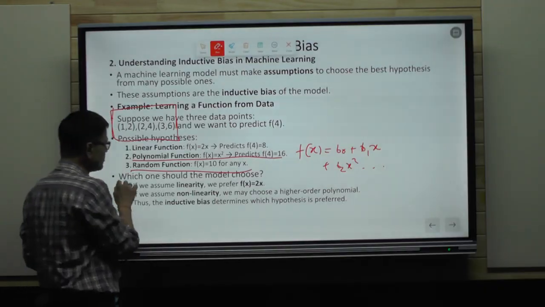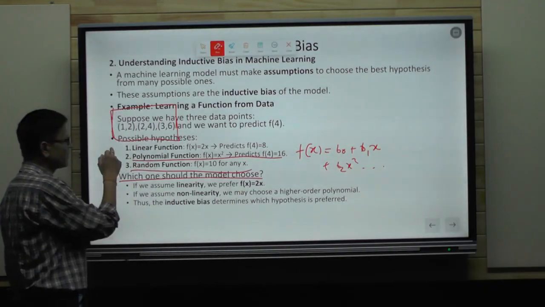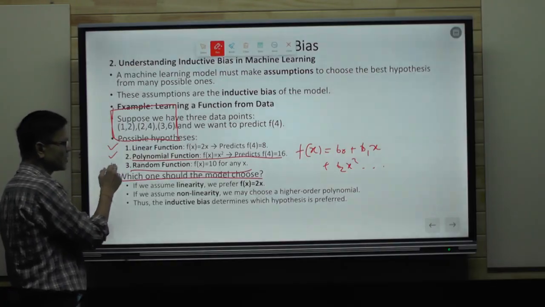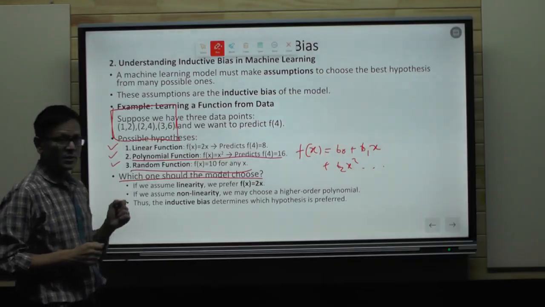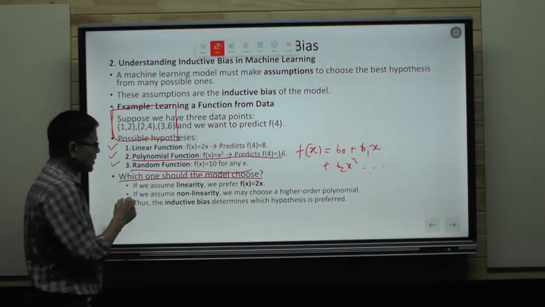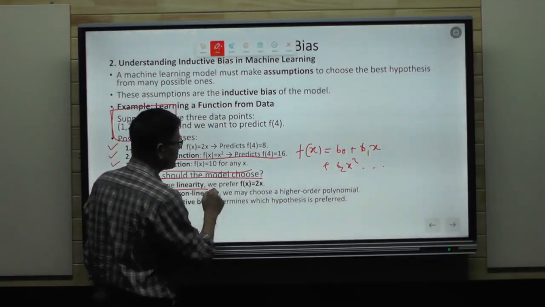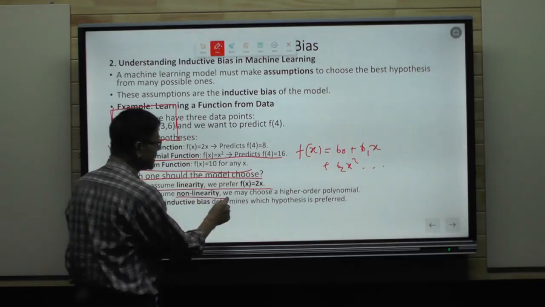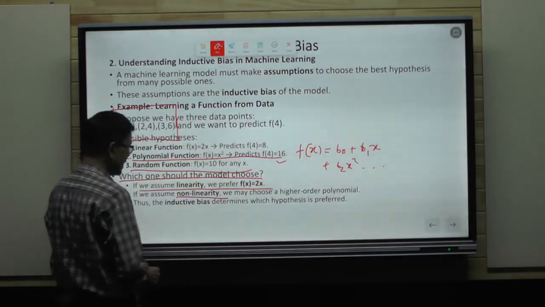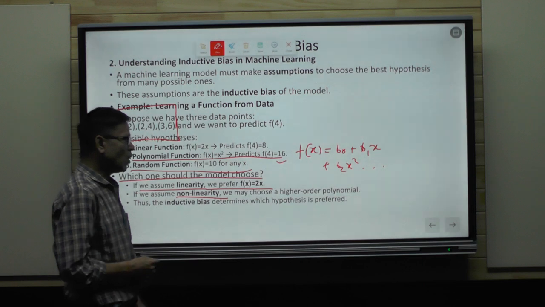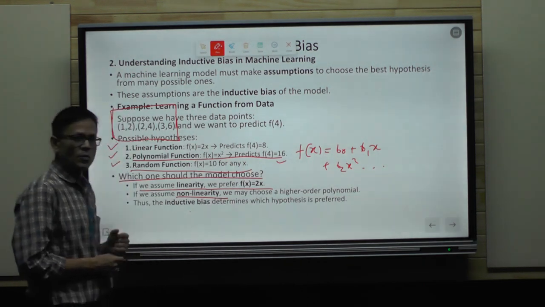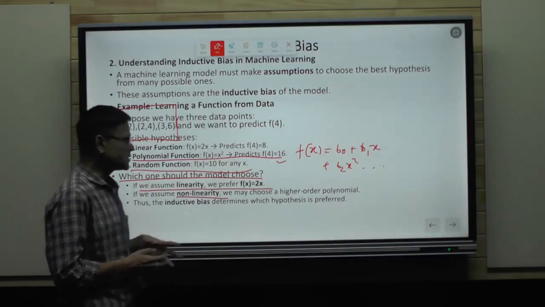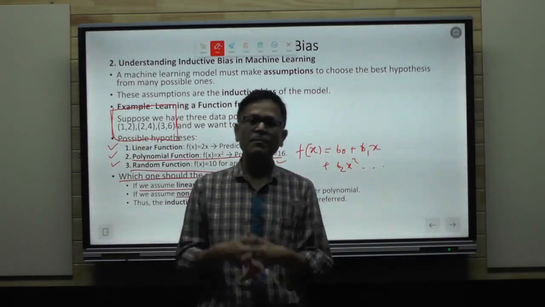But which model should we choose? The model may learn the linear function, polynomial or random. The model can choose any one. If we assume linearity, we predict 2x. If we assume non-linearity, we will choose this one, or some higher order polynomial. So inductive bias determines which hypothesis is preferred.